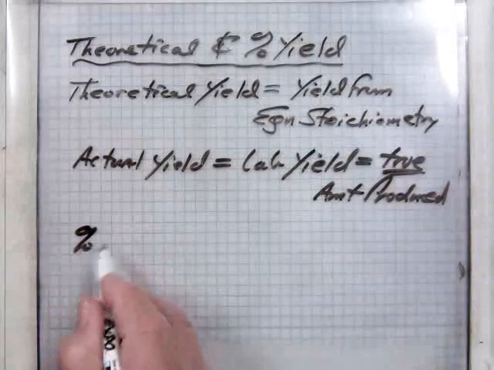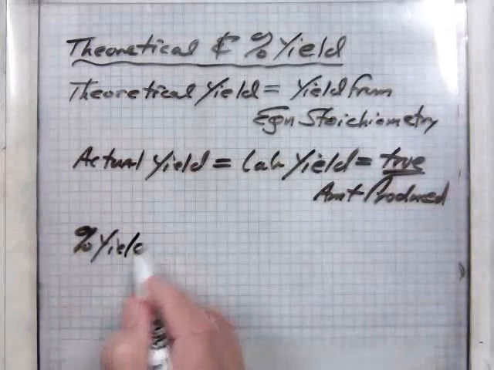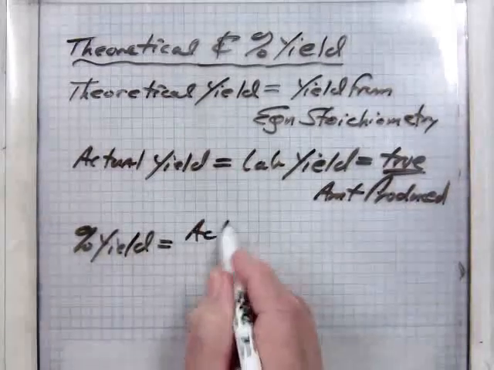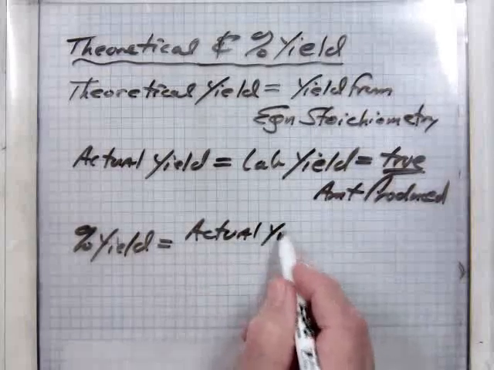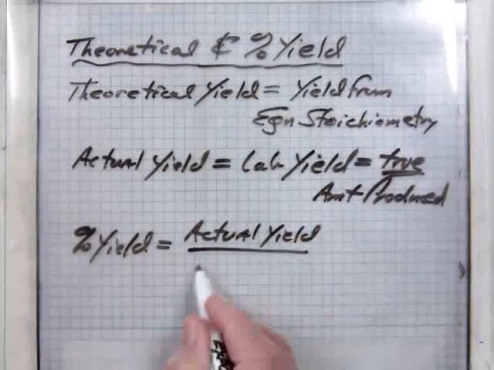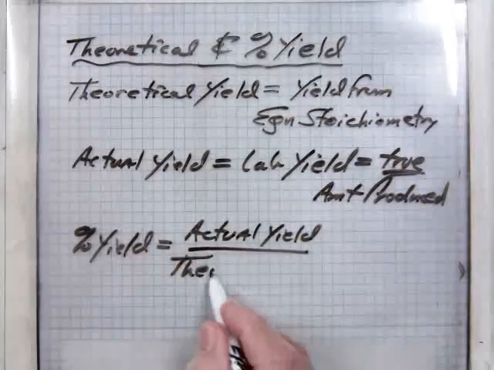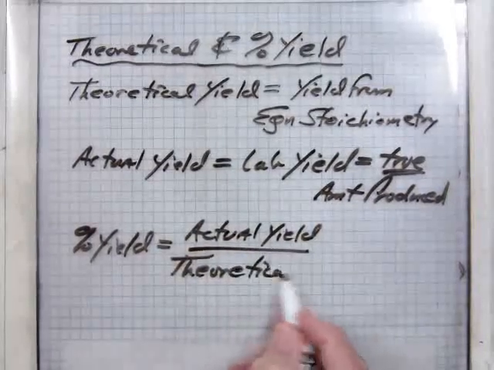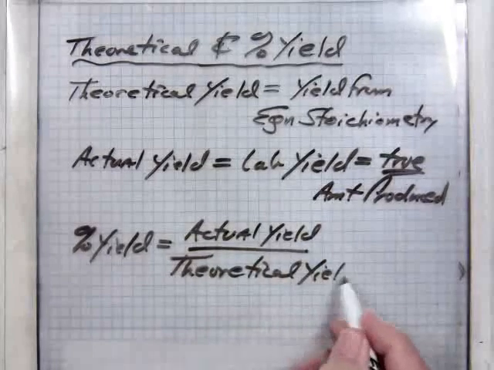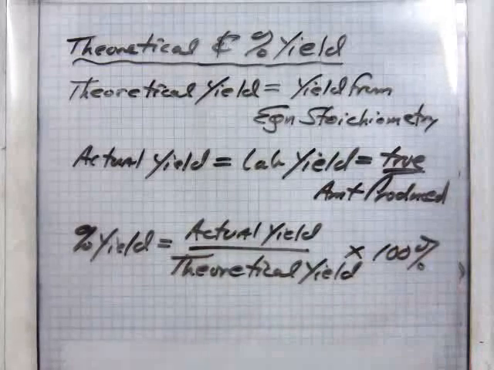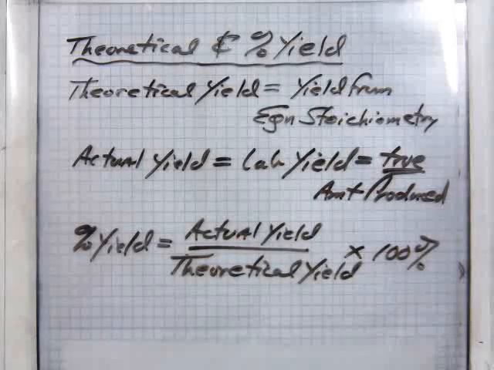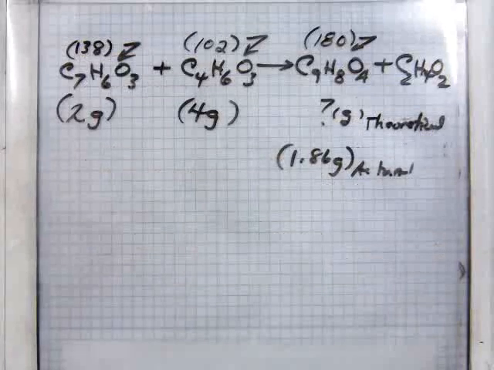Percent yield is the actual yield divided by the theoretical yield times 100%. Very straightforward calculation, part over total. There it is.